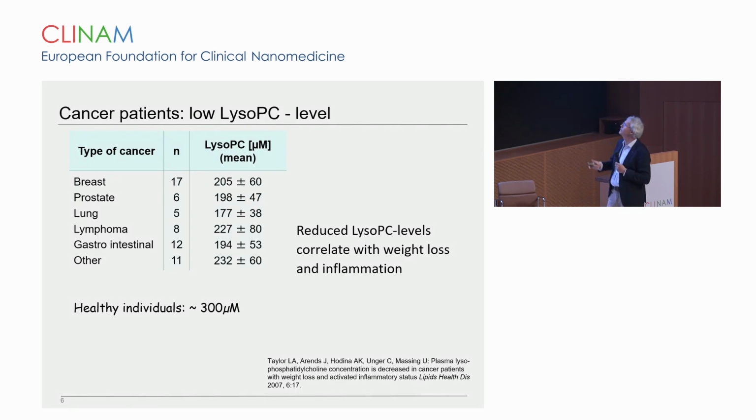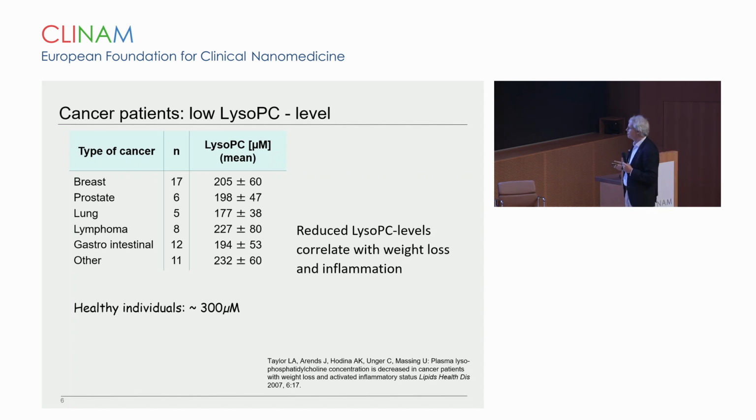We tested different types of cancers, different cancer patients. Here are the results. The mean Lyso-PC levels are plus minus 200 micromolar. This is a third less than in healthy persons. But what you can also see is that the standard deviations are extremely high, meaning that we usually have patients which almost have no reduction in Lyso-PC, but we also have patients with extremely low levels.